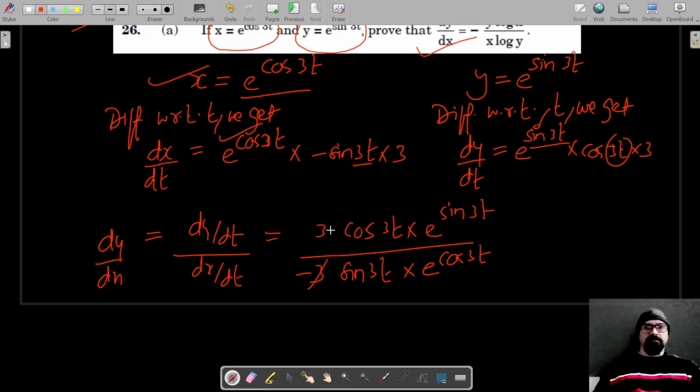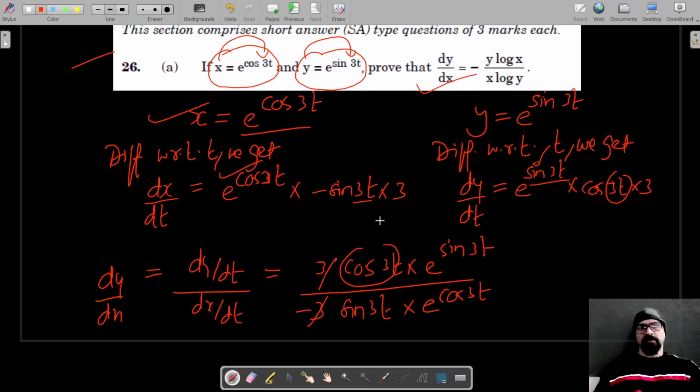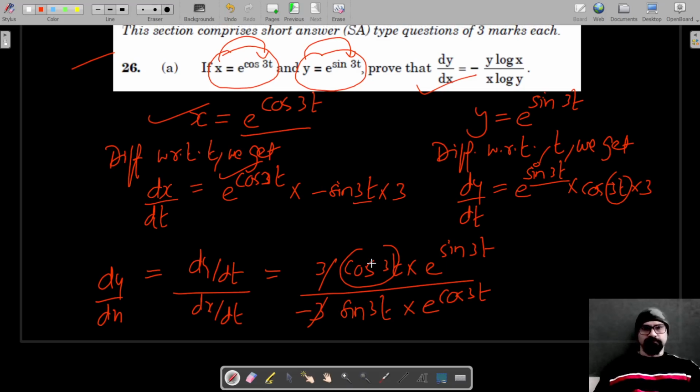So this gets cancelled, and this is e raised power cos of 3t and e raised power sine of 3t.